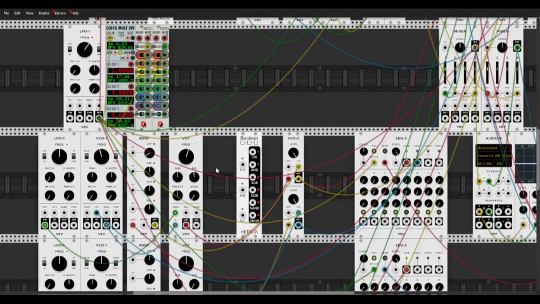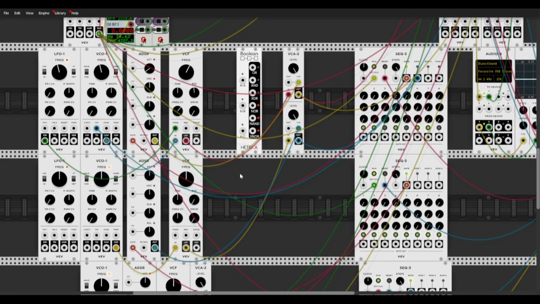So that's a G. Start. And then since we have a G, maybe we can use a B. 246.94.